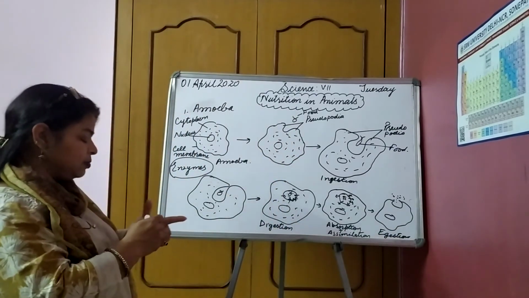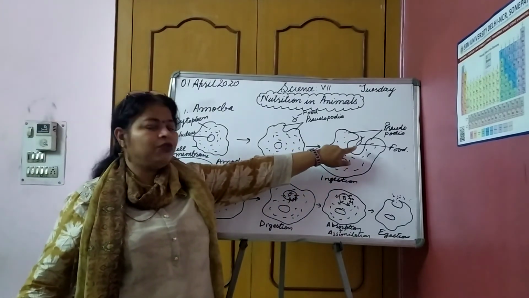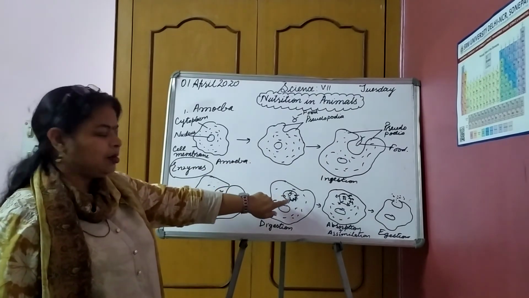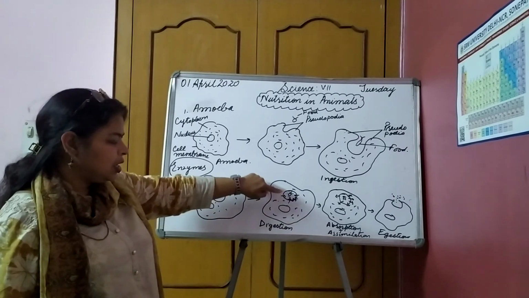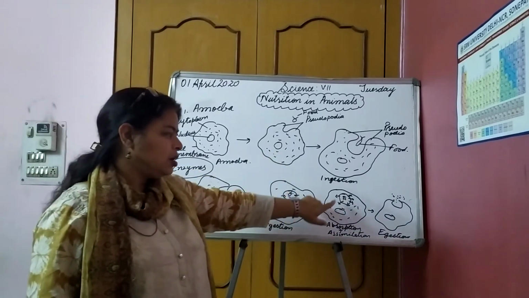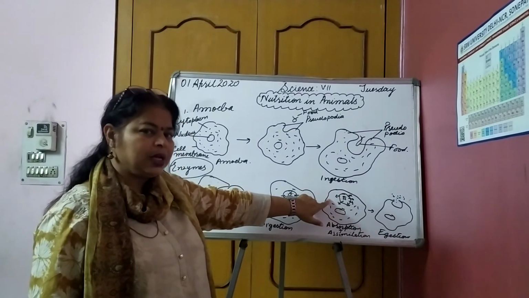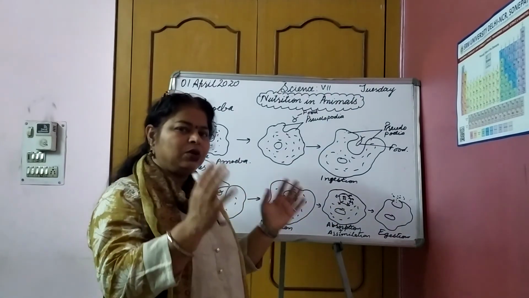So let us see again. The food is engulfed with the help of false feet called pseudopodia. The food is then broken down into simpler forms called nutrients in digestion. Here, whatever the nutrients were there are being sent into the cytoplasm of the cell. As a result, the size of the cell grows.